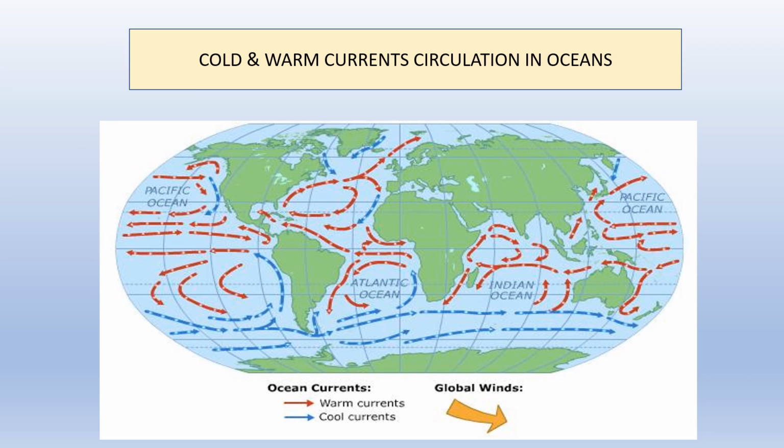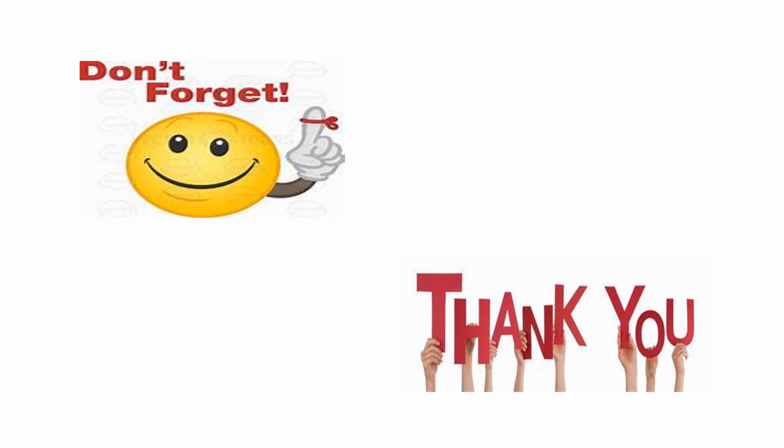I hope I have explained it to you. So please do not forget, make sure you remember and learn these factors. These factors might not be explained in your book.